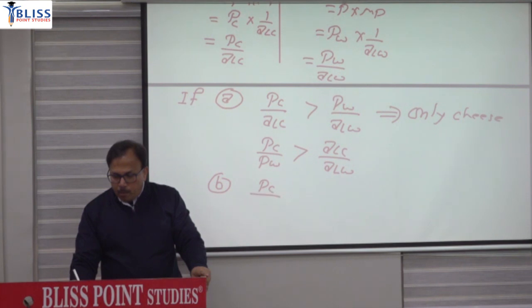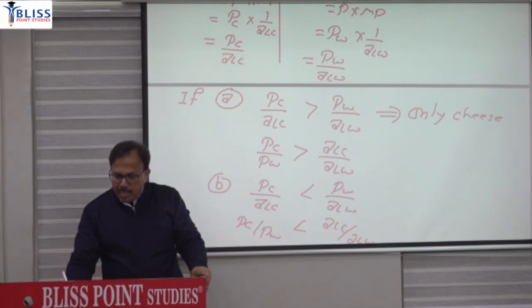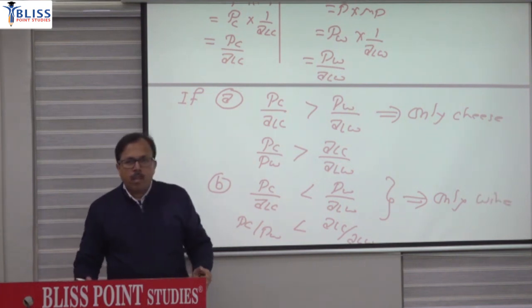Alternate could be PC upon ALC is less than PW by ALW, which could be written as PC by PW less than ALC upon ALW. In that case country will produce only wine. Clear? Only wine.